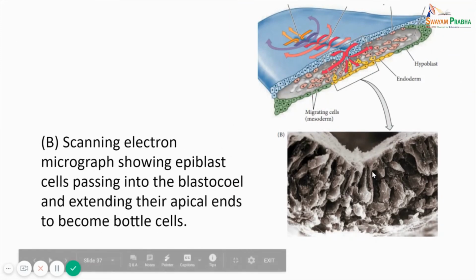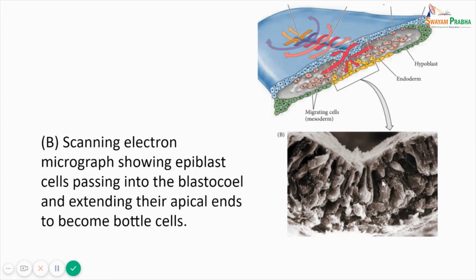And this diagram below shows the scanning electron micrograph of the epiblast cells passing into the blastocoel. Majorly, this region is shown in this scanning electron micrograph. Here, we see that the epiblast cells which start to pass into the blastocoel also extend their apical ends to become bottle cells.